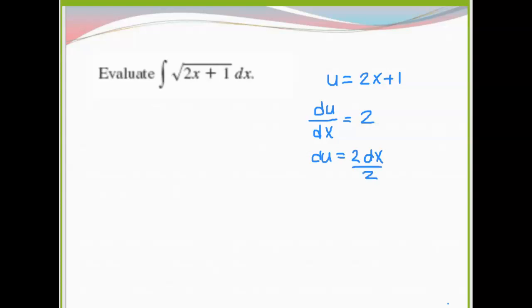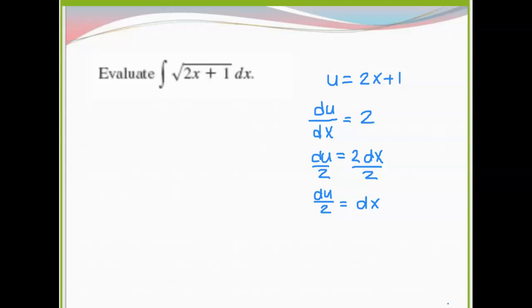We have to divide by 2, so dx is isolated. So du over 2 is equal to dx. And now we're going to substitute, hence the name Substitution Rule.